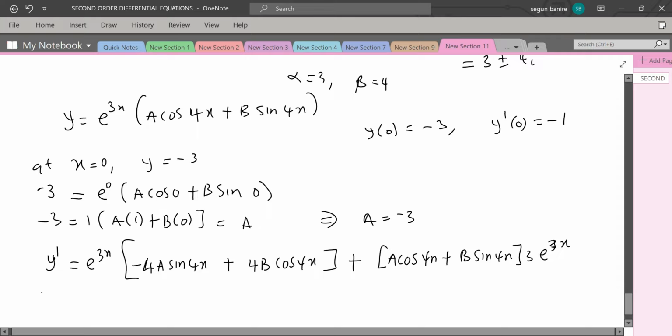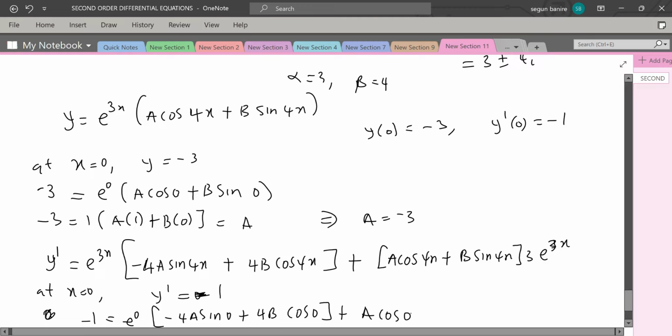So it says at x equals 0, y prime is equal to minus 1. So you say minus 1. This becomes exponential 0 into minus 4a sine 0 plus 4b cos 0, plus a cos 0 plus b sine 0, in brackets, then 3 exponential 0.